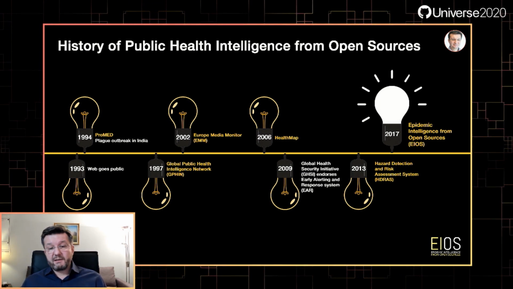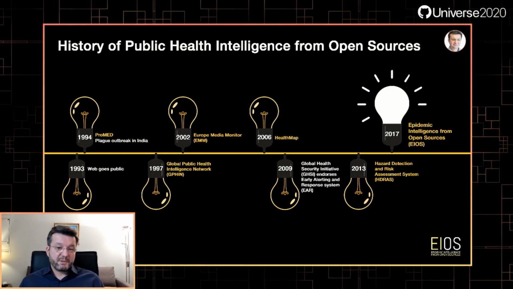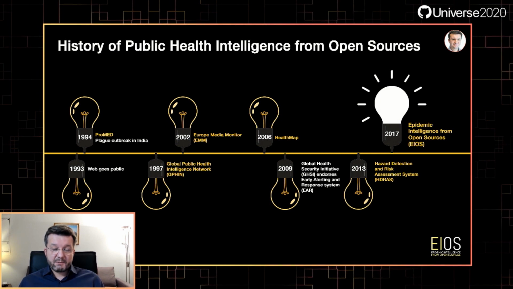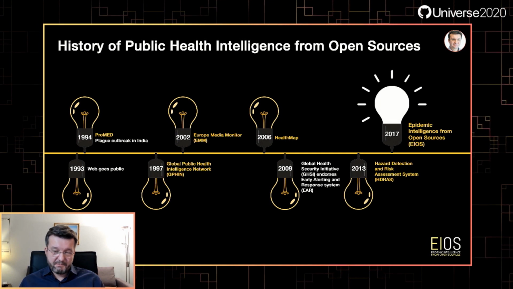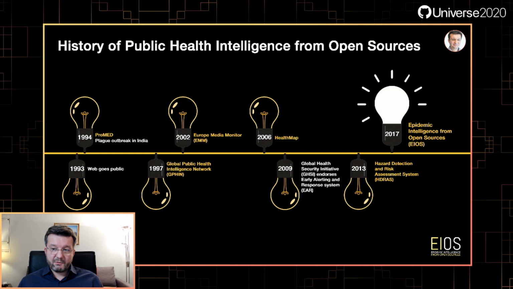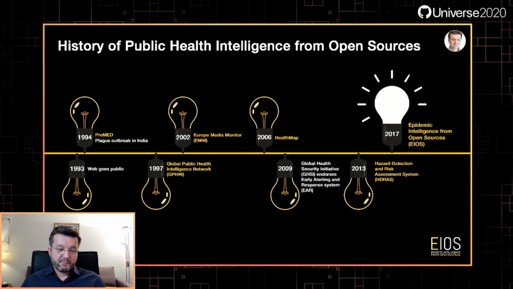In 2013, the Joint Research Center of the European Commission, the same team who developed Europe Media Monitor in 2002, helped WHO to set up a hazards detection and risk assessment system. That system evolved in 2017 into the system we have today. Its name is Epidemic Intelligence from Open Sources.